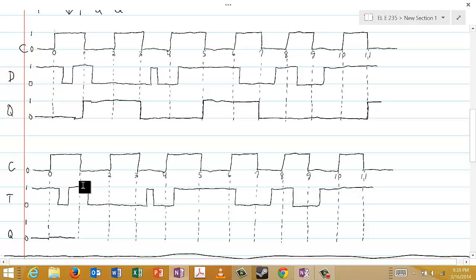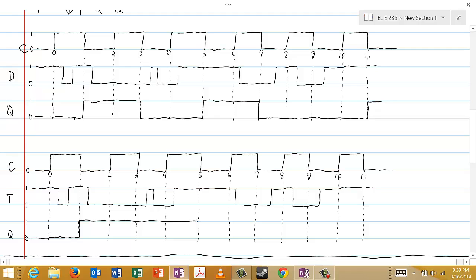At this first negative edge, T is equal to 1, so we toggle the output. At the next negative edge here, T is equal to 0, so there's no change in the output. At the next negative edge, which is at time equal to 5, the T input is equal to 1, so we need to toggle again.